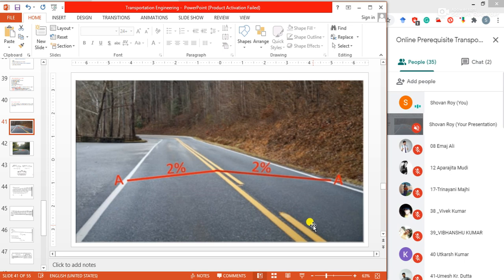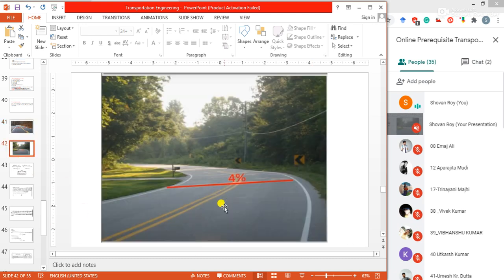At horizontal curves with super elevation, the surface drainage is affected by raising the outer edge of the pavement with respect to the inner edge. Suppose this curve is called a horizontal curve.